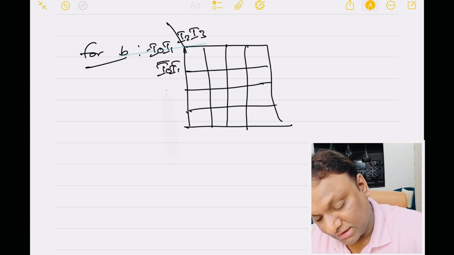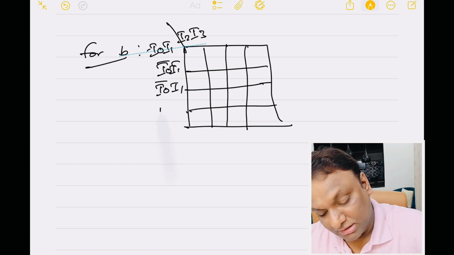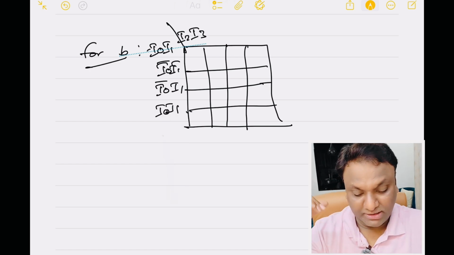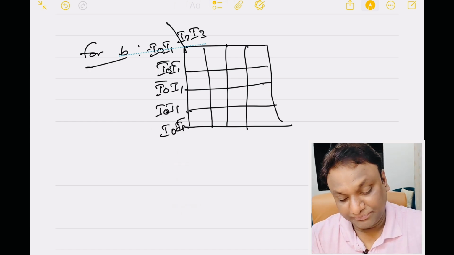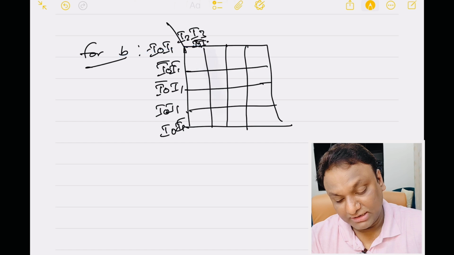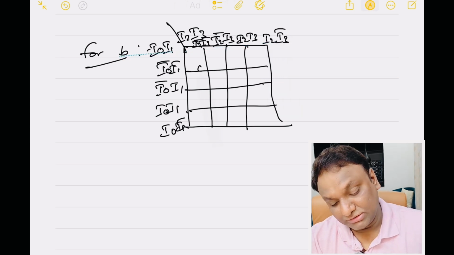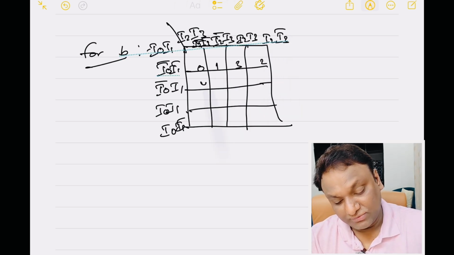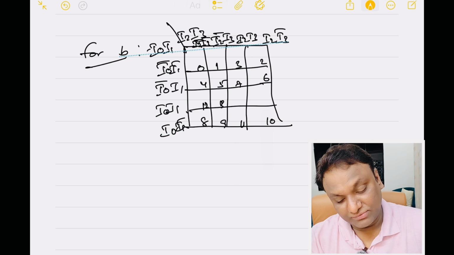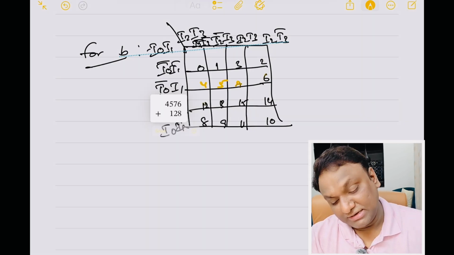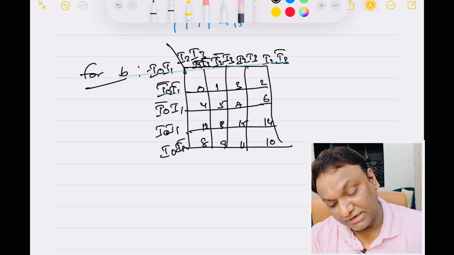I0 bar I1 bar, I0 bar I1, I0 I1 and I0 I1 bar. I2 bar I3 bar, I2 bar I3, I2 I3 and I2 I3 bar. Okay. So this is 0, 1, 2, 3, 4, 5, 6, 7, 8, 9, 10, 11, 12, 13, 14 and 15.